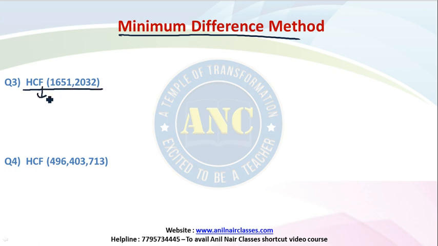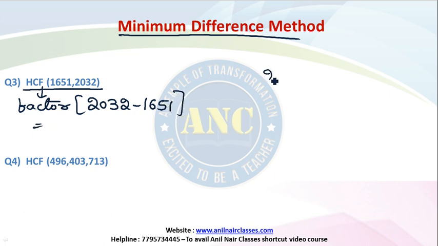Answer is nothing but the element in the set factor of B minus A. So factor of 2032 minus 1651, which is nothing but 2032 minus 1651.